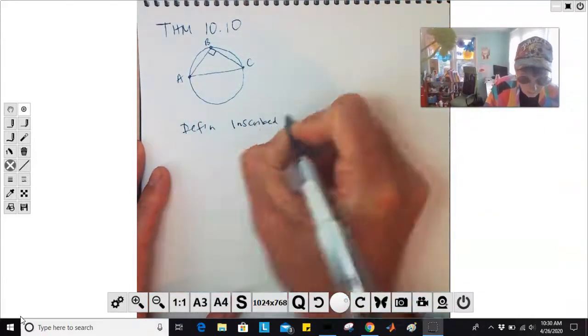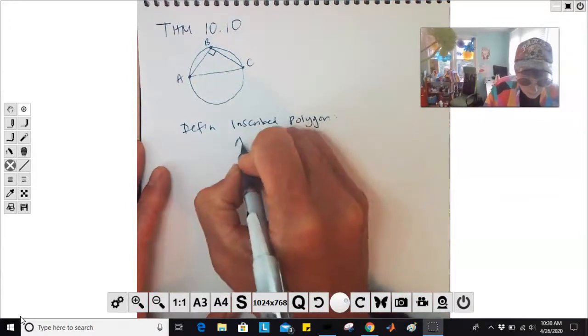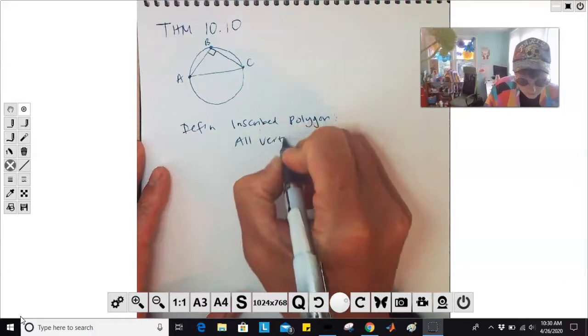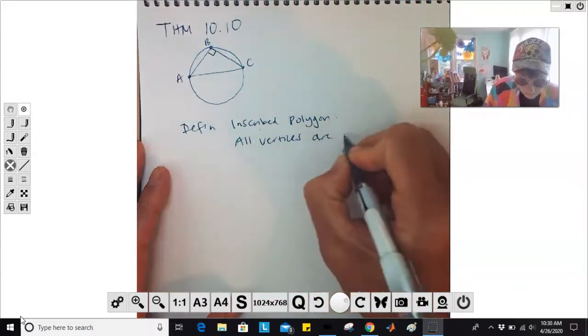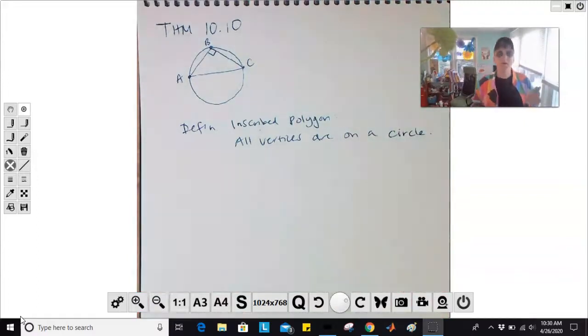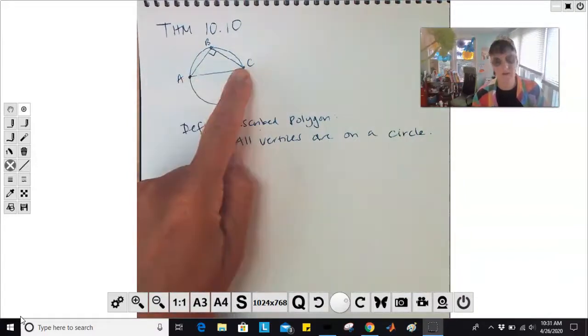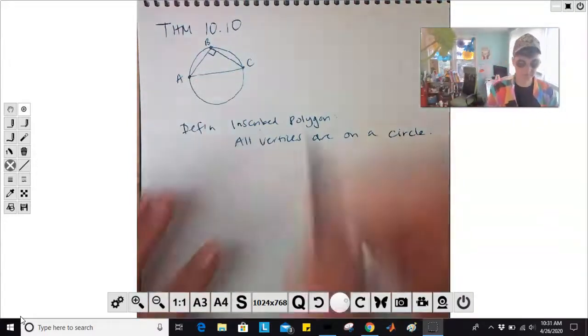Inscribed, any inscribed polygon, all vertices are on a circle. Cool. So, theorem 10.10, we have an inscribed triangle. If the inscribed triangle is a right triangle, then the hypotenuse of that right triangle is a diameter.